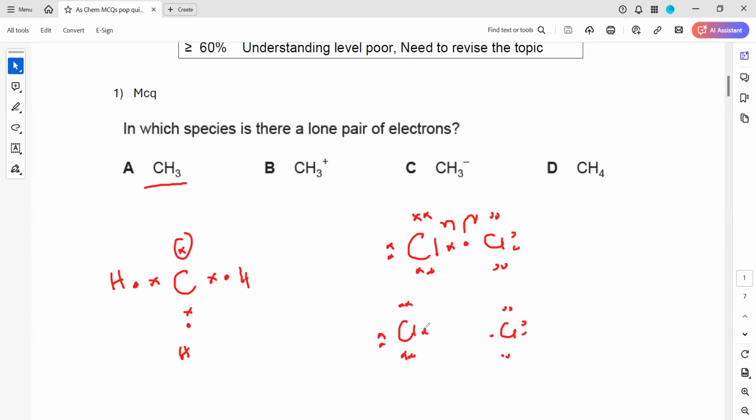What we call this structure, we call them radicals. Why radical? Because there is an unpaired electron available. So radicals can be atoms, radicals can be molecules. The term radical means it's an atom or a molecule which contains an unpaired electron. We call them radicals.